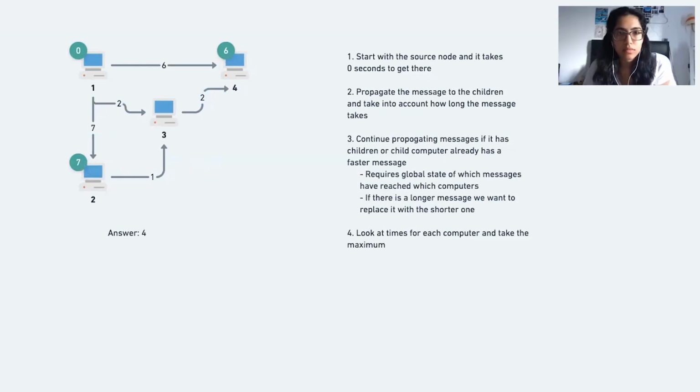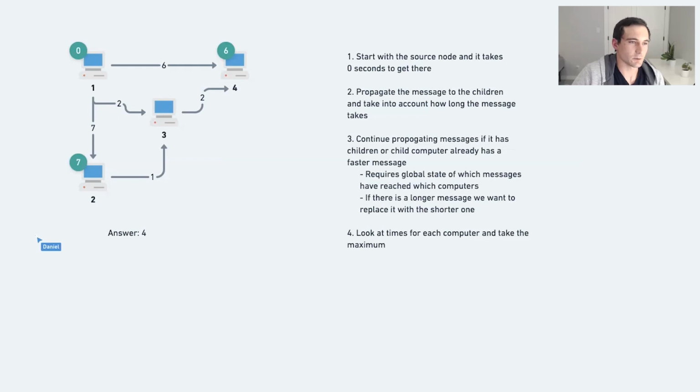So if we had, say, this is our list of messages that we want to propagate, we'll call this our queue. And so we start out with, it's kind of hard to get an even circle here. Whatever.